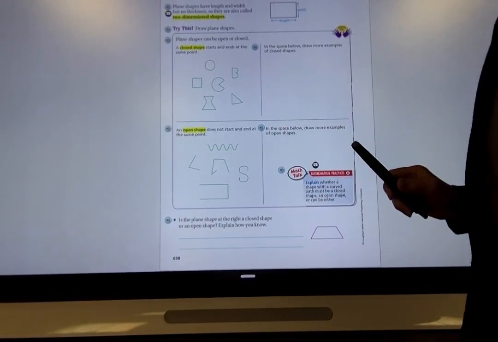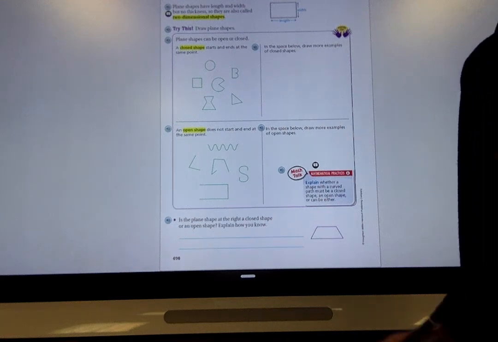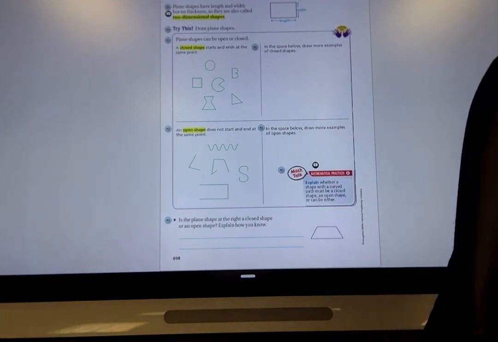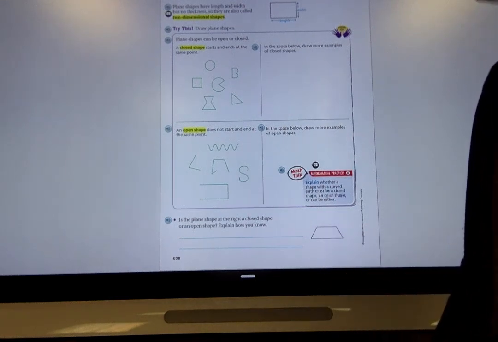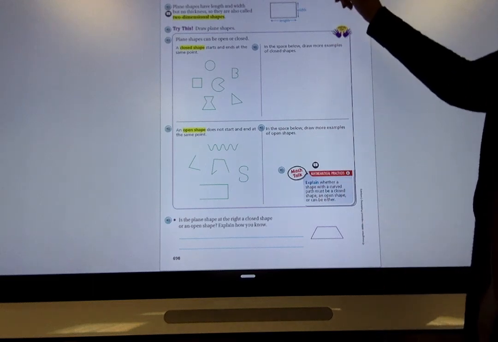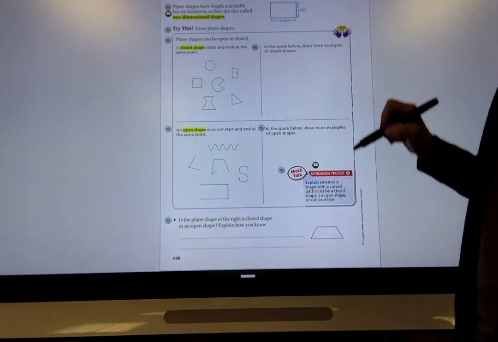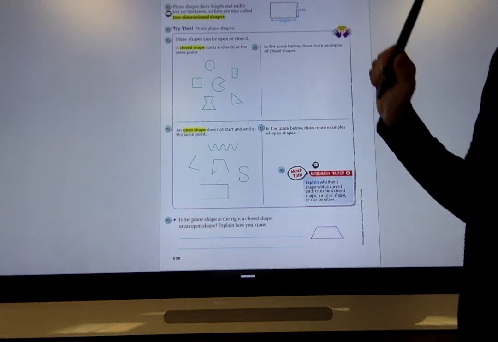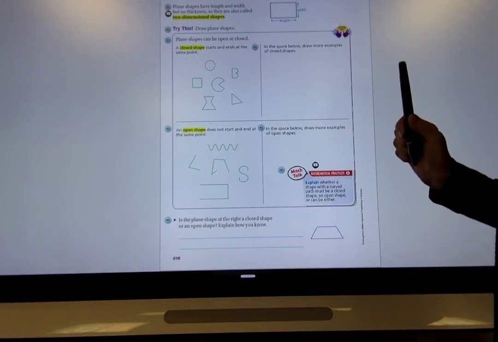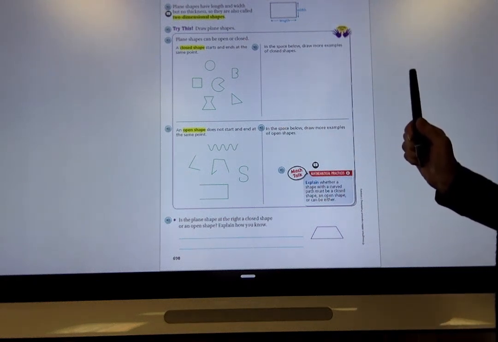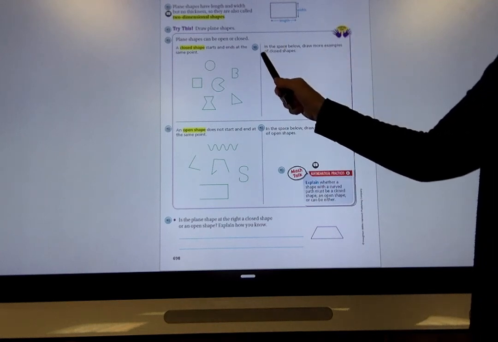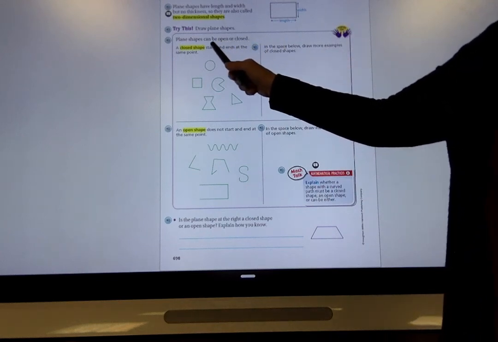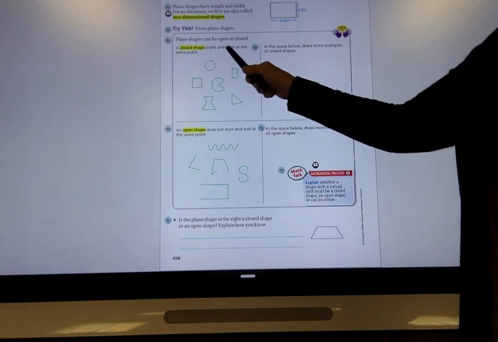Plane shapes have length and width, but no thickness or height. So they are also called two-dimensional shapes. Remember, we only have two measures, length and width. It says, try this. Plane shapes can be open or closed. This is a closed shape that starts and ends at the same point.